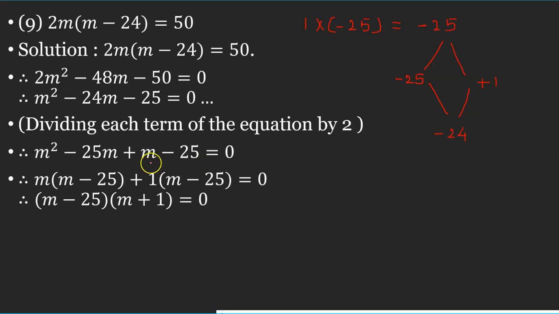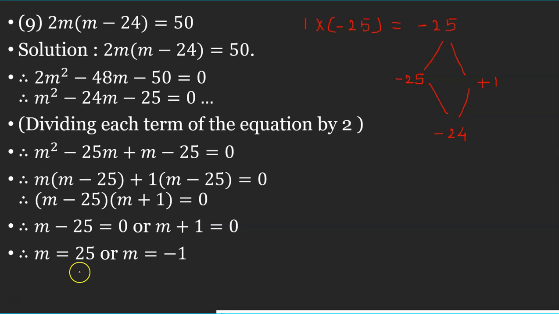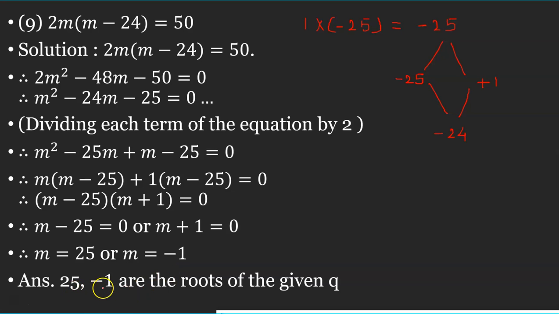From the other two, there is nothing common, that is 1 into m, 1 into 25, so take 1 as common, that's plus 1, because the sign of this m is plus. Therefore plus 1 is common, and in bracket m minus 25, and that's equal to 0. Again m minus 25 is common, and in the next bracket we get m plus 1, that's equal to 0. Therefore m minus 25 is equal to 0, or m plus 1 is equal to 0. Therefore m is equal to 25, or m is equal to minus 1, and therefore 25 and minus 1 are the roots of the given quadratic equation.